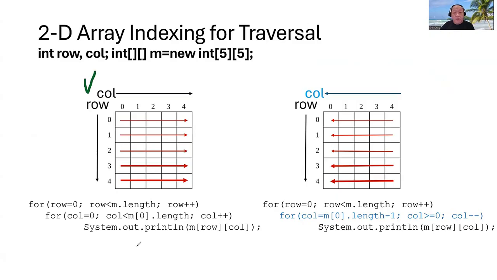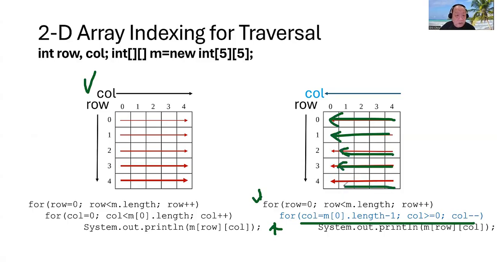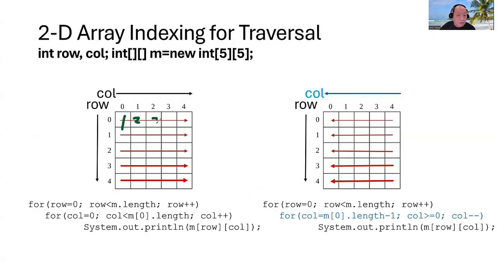So this is the first way. The second way right here is also row major, so your row is outside, column is inside, but your column does down counting, going from big one to small one. So if you have 1, 2, 3, 4, 5, 6, 7, 8, 9, 10, the first one prints out 1 through 10.